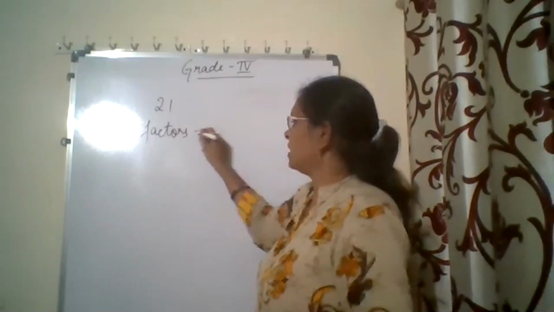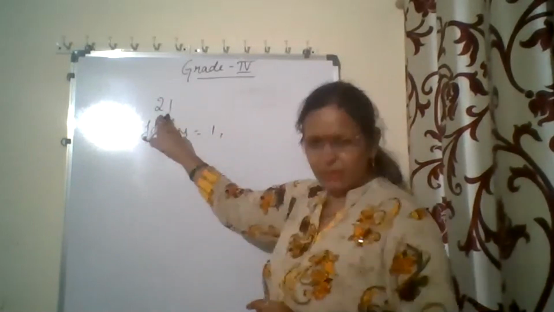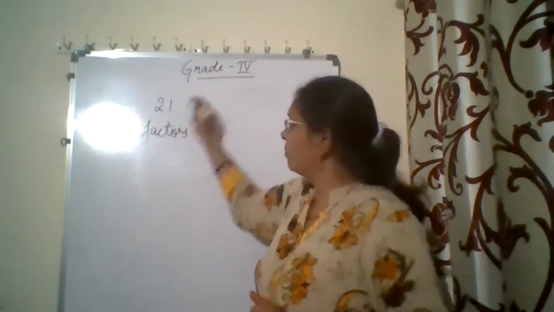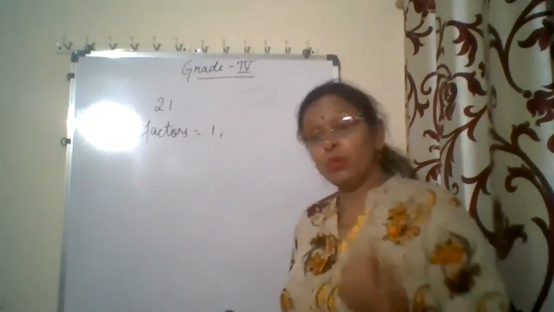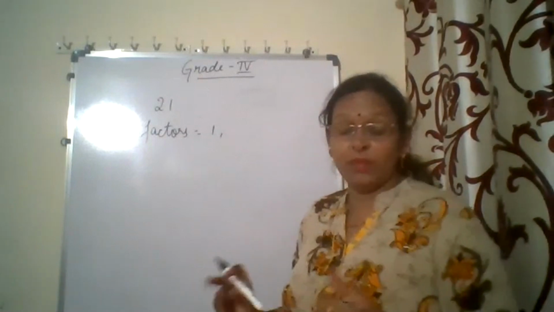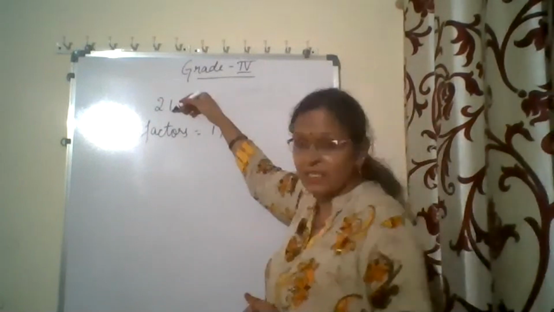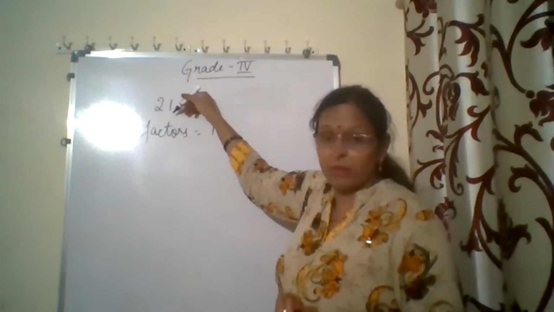See, 1 is a factor of every number. Now, is 21 divisible by 2? In 2's table, does 21 come? No, because I taught you how to find which number is divisible by which using divisibility rules. So it is not divisible by 2.